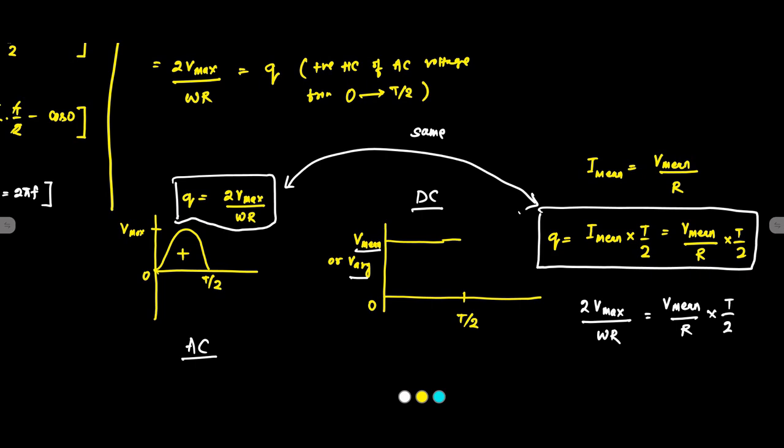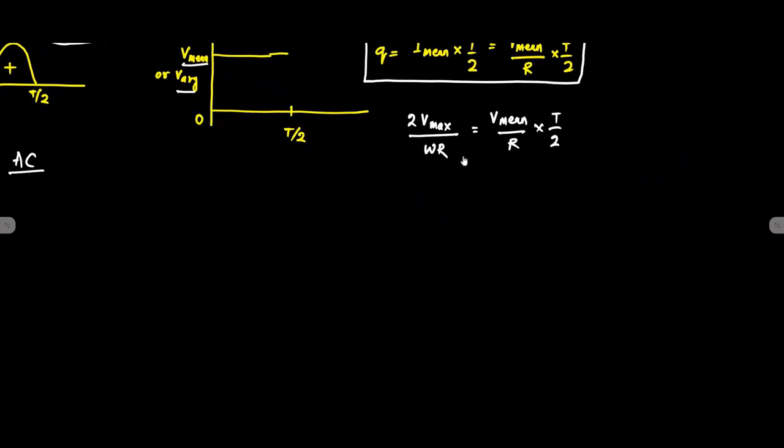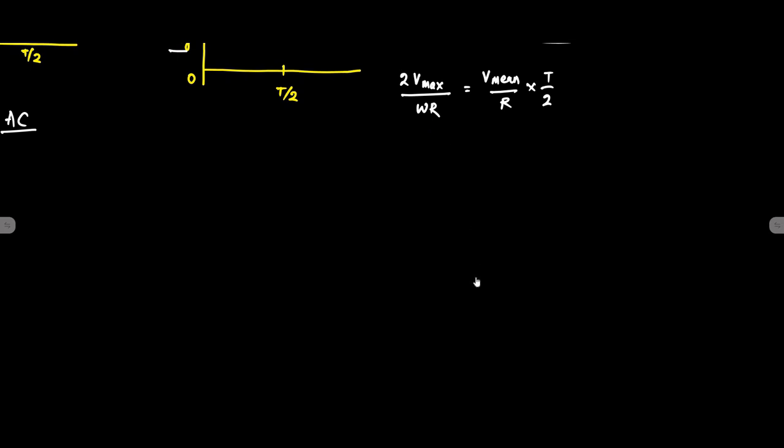That implies, here we'll replace omega with 2 pi by T. It will become 2 V max by 2 pi by T into R, equal to V mean T by 2R.